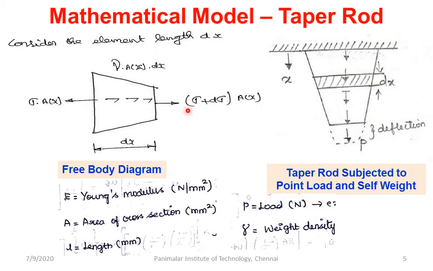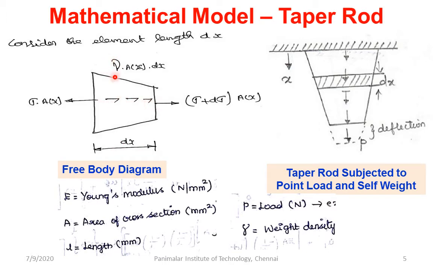So on the right hand side it is sigma plus d sigma, then you multiply the stress with the area, and we will get the corresponding load acting on the right side plane, and this is the force acting on the left side plane, sigma into A of x. And for this dx length we are considering the self weight also.